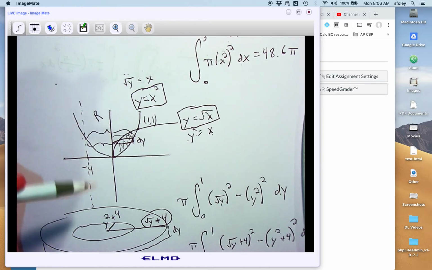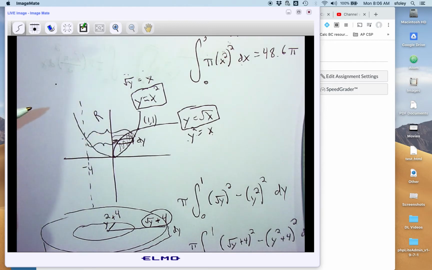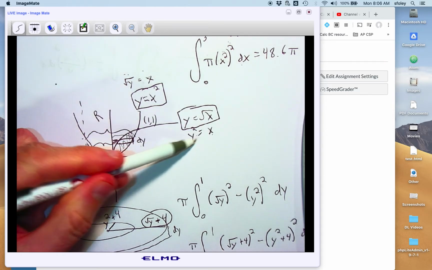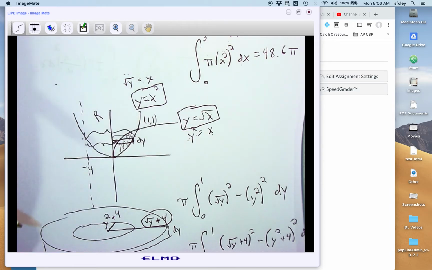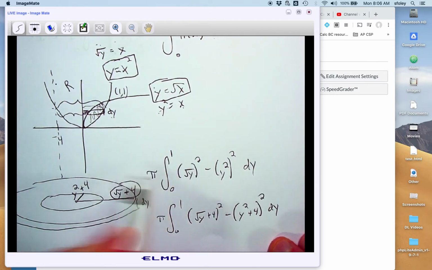And then the inner radius is this little distance between the inner edge of that rectangle and the y-axis. So that's y squared. And then we still have to go that extra 4. This is sort of a common mistake: people forget about the negative 4.